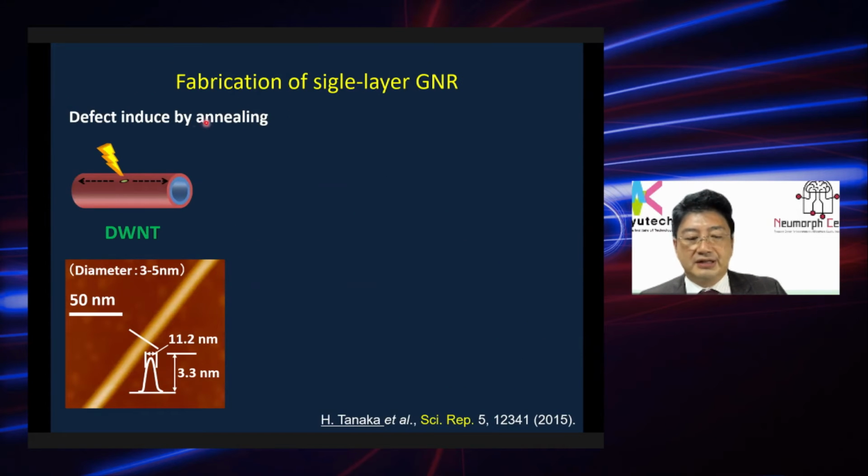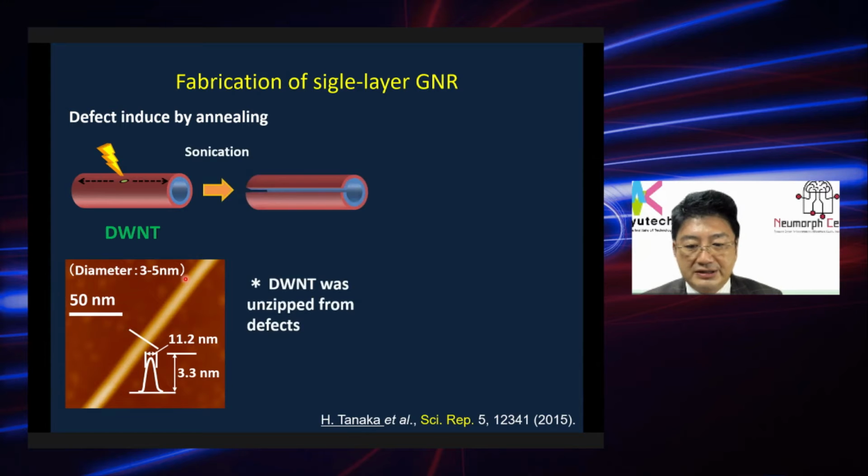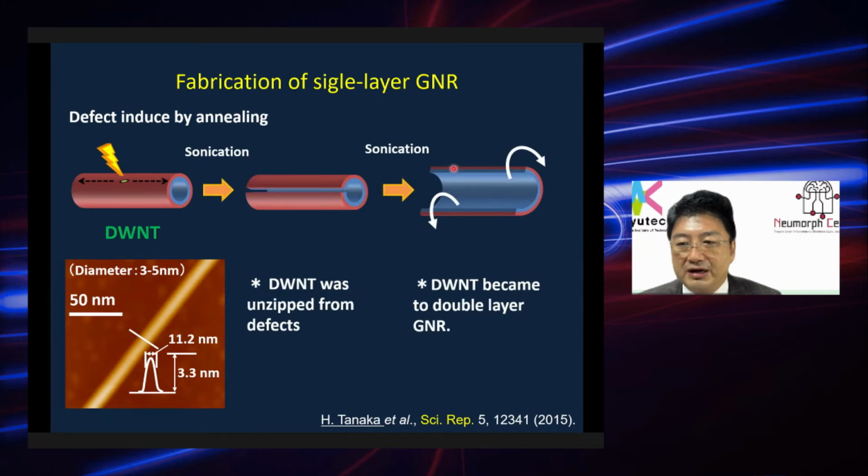So this is the observation during the unzipping of carbon nanotube to get GNR. We start from double wall carbon nanotube. AFM showed a very round cylindrical sample like this. And we start unzipping. At first, we get double layer graphene nanoribbon because the double wall carbon nanotube has 2 layers.